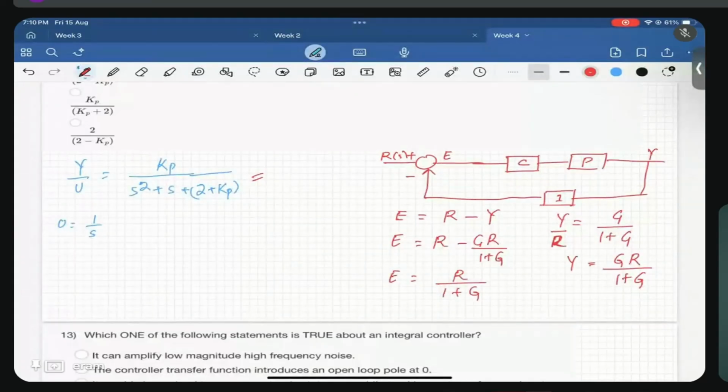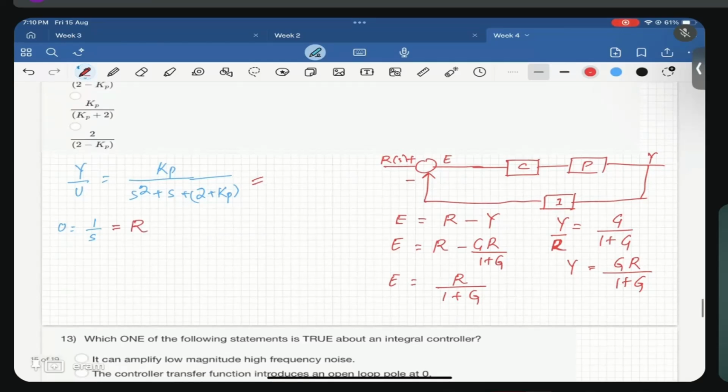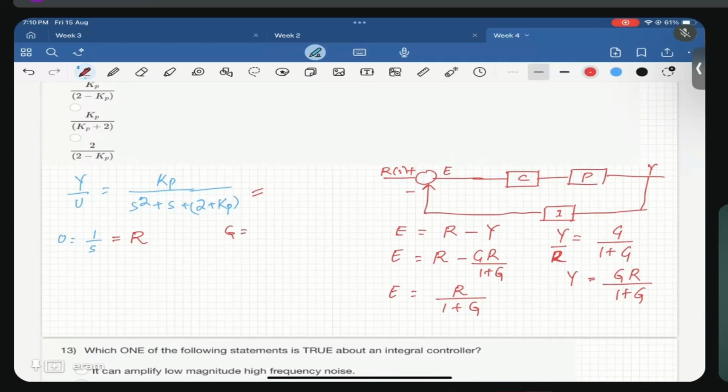First we need to calculate the error. We can calculate it easily by putting R as 1 by s, and G is nothing but C into P, which was Kp divided by s square plus s plus 2.